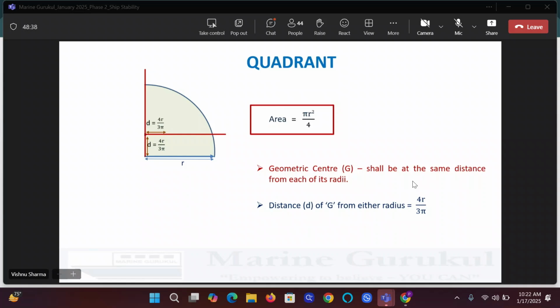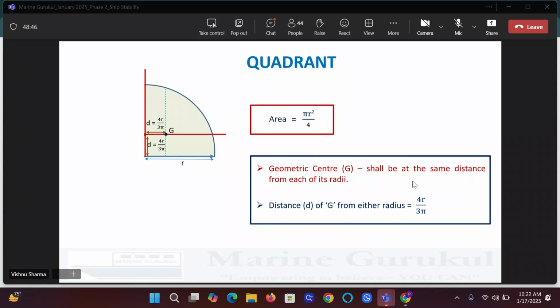That means the geometric center would be somewhere here, and its distance from each of its radii would be 4r by 3 pi.